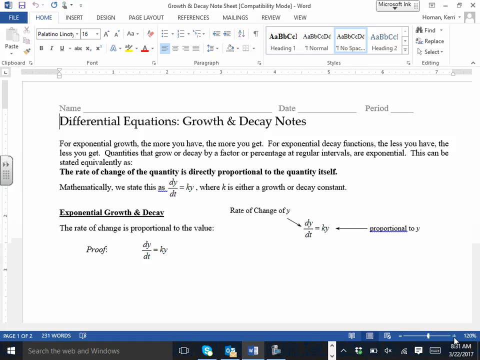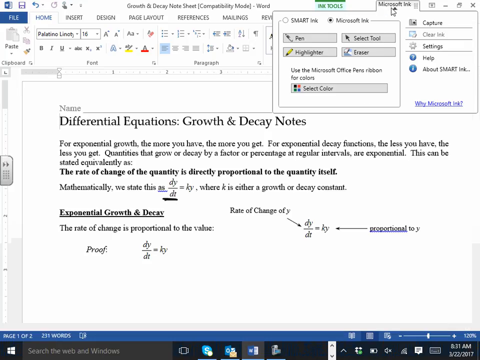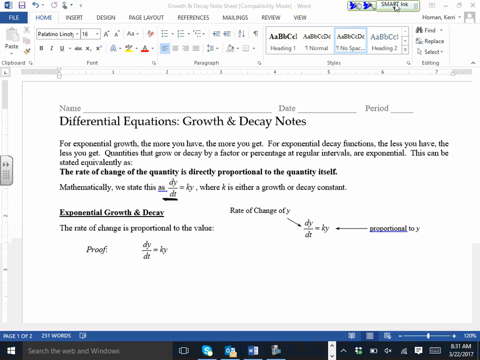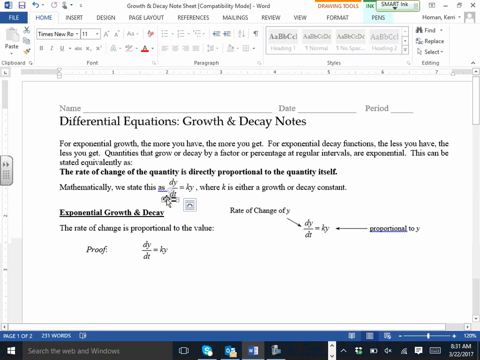So, the rate of change, the derivative, is directly proportional to the quantity itself.